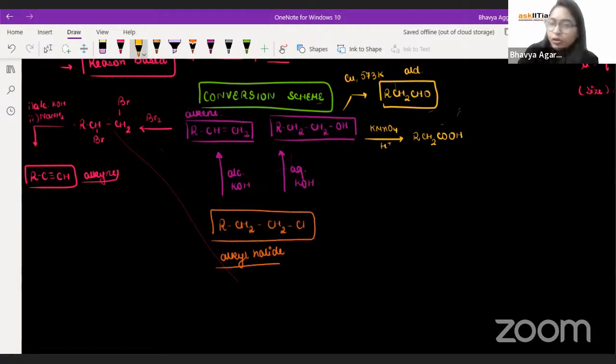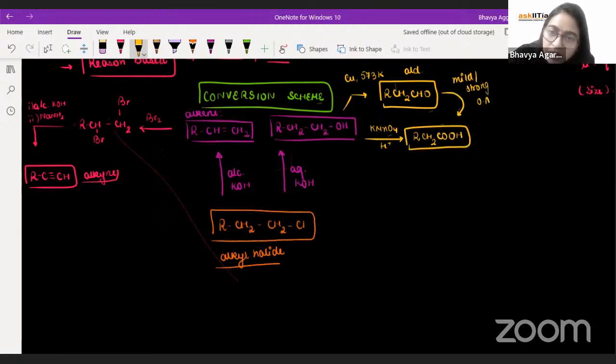Right? So this part. Even if you treat the aldehyde with a mild or strong oxidizing agent, doesn't matter. It will get converted into carboxylic acid only. Yes.